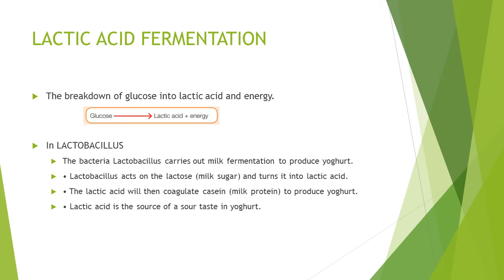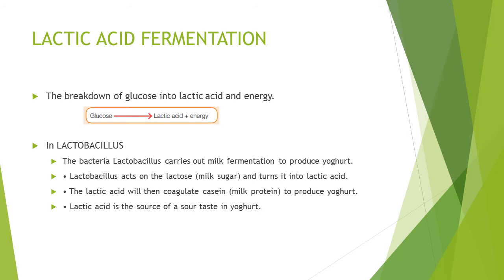The bacteria Lactobacillus carry out milk fermentation to produce yogurt. Lactobacillus acts on the lactose or milk sugar and turns it into lactic acid. So this lactic acid will then coagulate casein or milk protein to produce yogurt. Lactic acid is the source of the sour taste of yogurt.